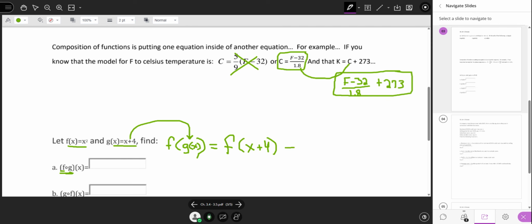So what we do is the outside function is this. Where x is, instead of putting x, we're going to put a big parenthesis, and then we're going to put the rest of f. Okay? And then we're going to replace the x with what's inside this.